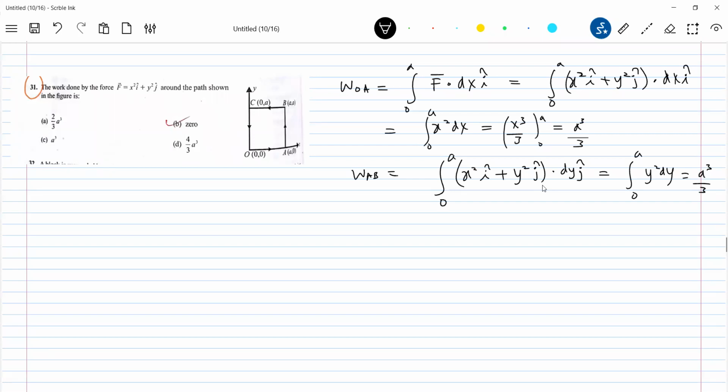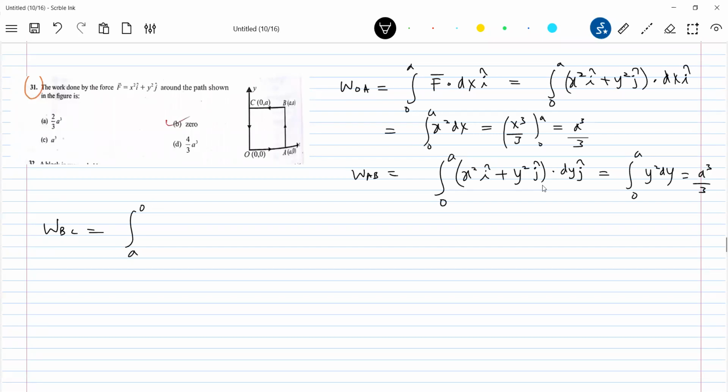Now you are at a comma a. You are moving from B to C. So work done from B to C. What should be the limit now? I think along x it will vary, no? You are moving from B to C. What will happen to the x coordinate? The y coordinate will remain as it is. The x coordinate will change from a to 0.